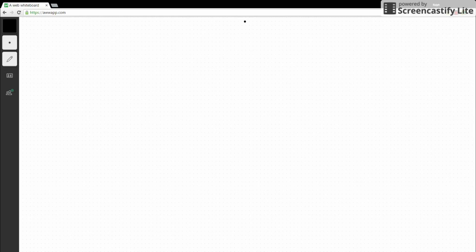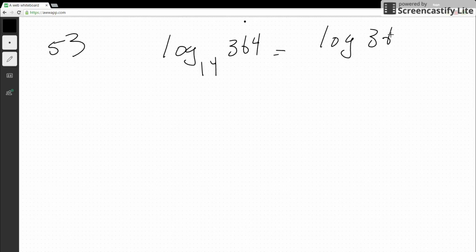53. Same thing. I'm looking at log base 14 of 364. I'll use base 10 this time. Oops, sorry, that's a 14.